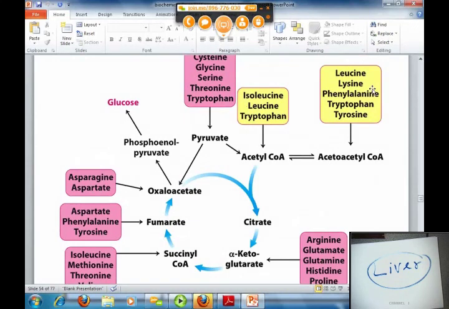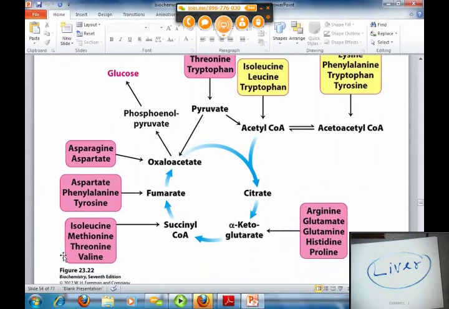Suppose if I say lysine, where the lysine will enter, you can also say lysine can enter into acetoacetyl coenzyme A. Okay, and this is a reversible pathway, and then it can enter acetyl CoA and then the TCA cycle. Okay, if I say threonine, you should say threonine will enter after getting succinyl coenzyme A, and tyrosine, fumarate. Okay, so you should be very careful.